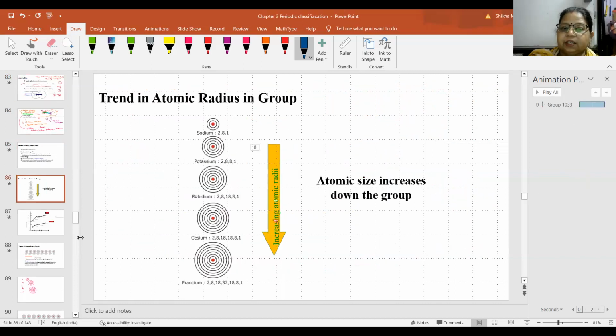This you can see in this picture. The distance between the nucleus and outermost shell: earlier it was this, now it has become this. As the distance is increasing, attractive force will decrease and the size will increase. Use the words increase, decrease very carefully. Distance is increasing, attraction will decrease and size will increase.